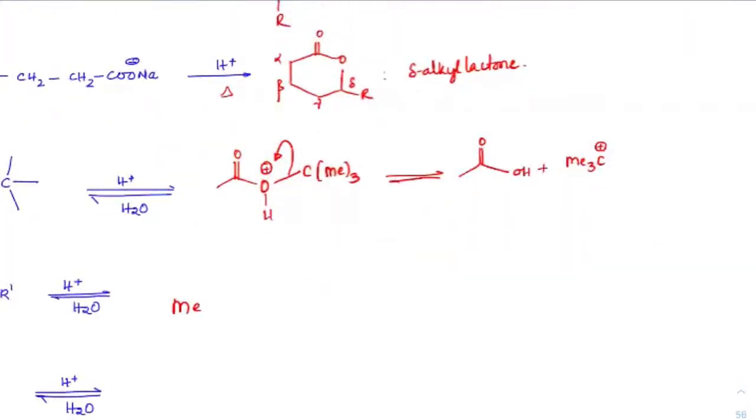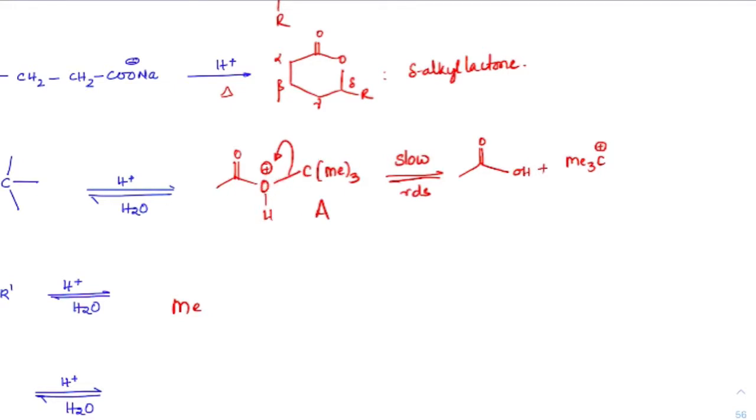Now in this there is only one molecule involved, and wherever the bond breaking happens, alkyl or acyl, it will be the rate determining step. This is the RDS. So what happened here, we took an acid and we broke the alkyl group and oxygen bond.